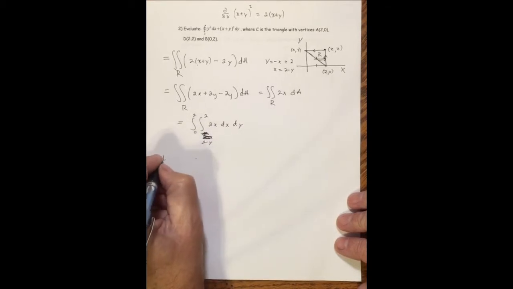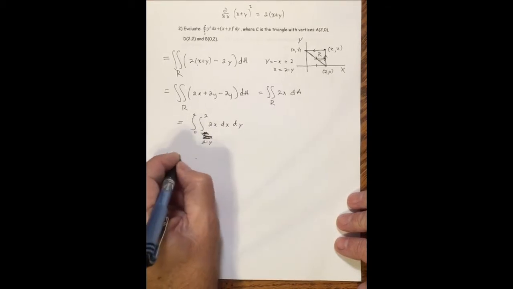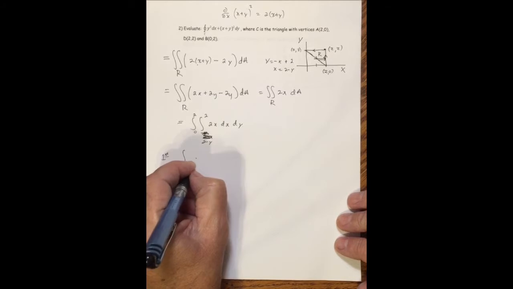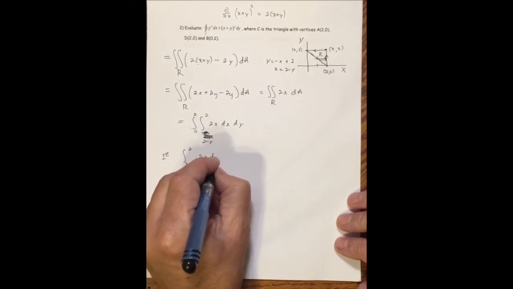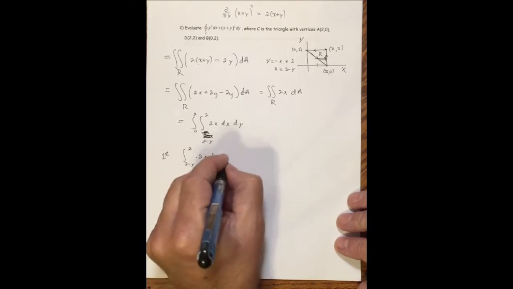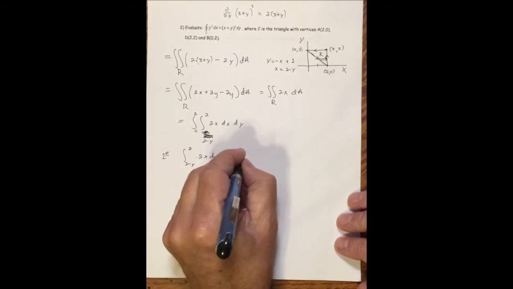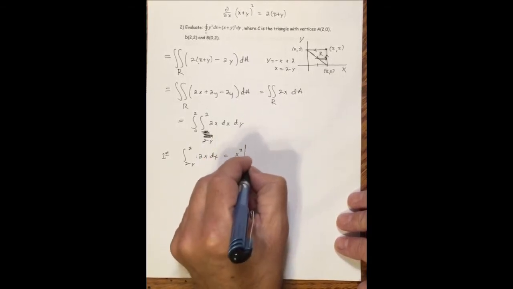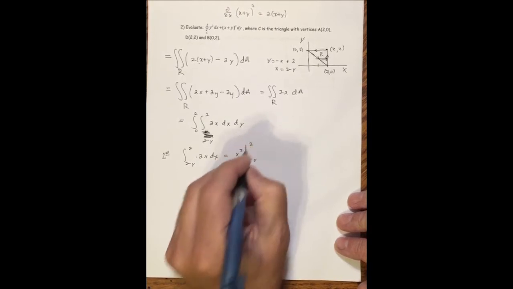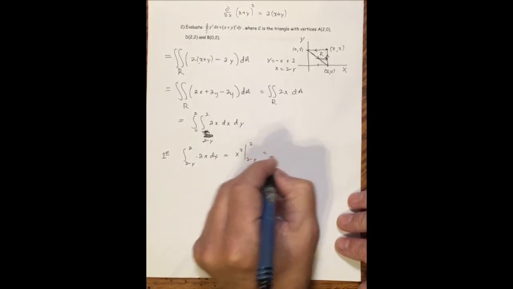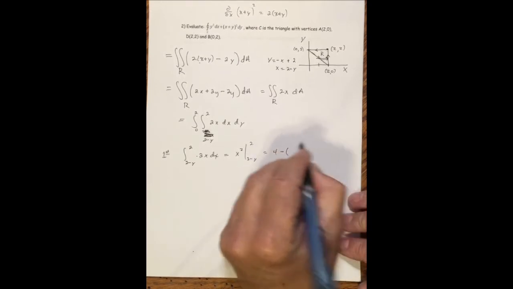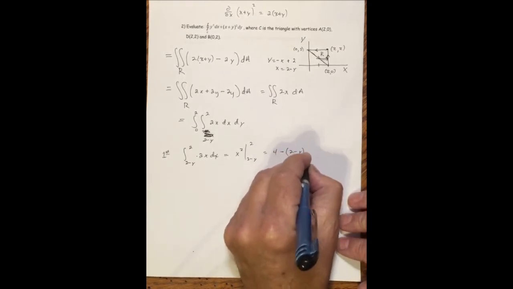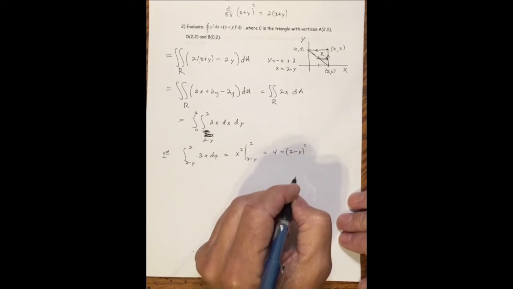Okay, so let's look at the first integral. That's going to be the integral of 2x dx from 2 minus y to 2. Well, that's just going to be an x squared, of course, evaluated from 2 minus y up to 2. Now plugging in, we get 2 squared, which is 4, minus then 2 minus y squared.